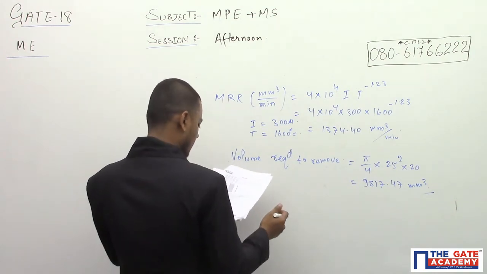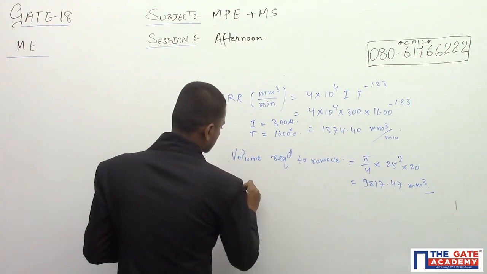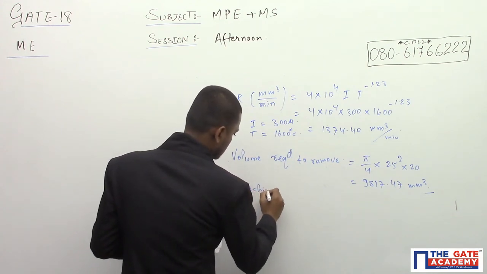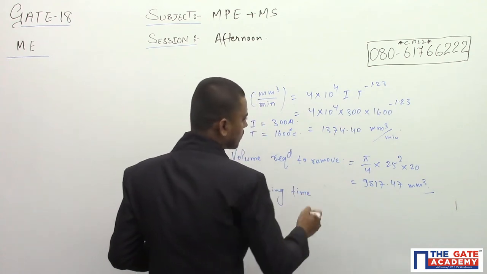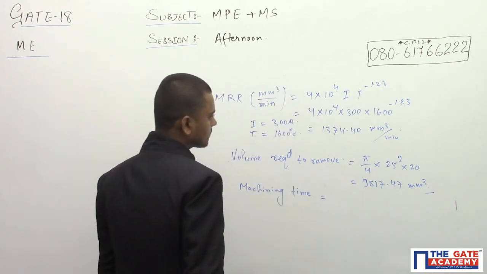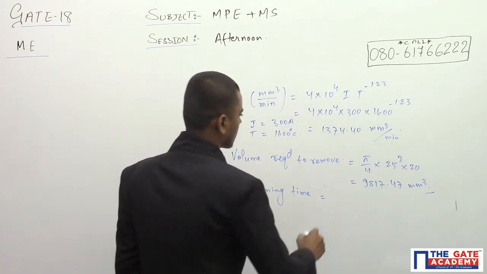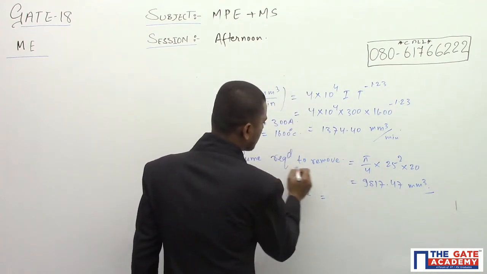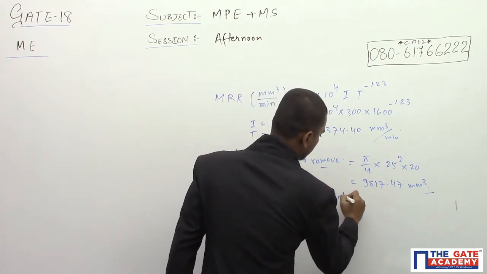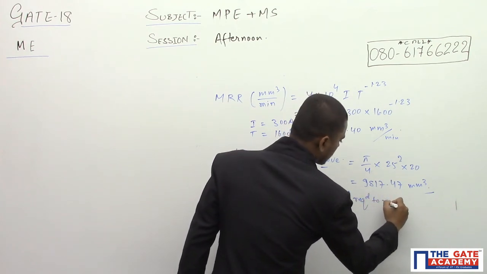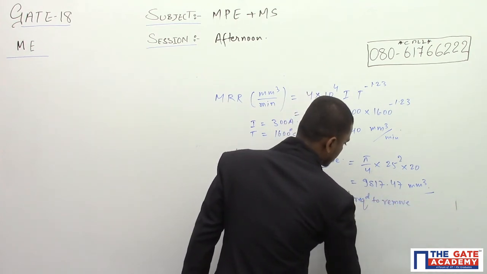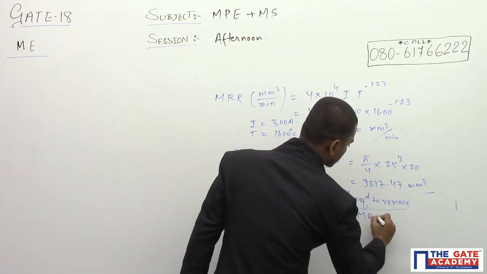Now we have to find out the machining time, right? We have to find out the machining time. So machining time will be equal to the volume required to remove upon the MRR.